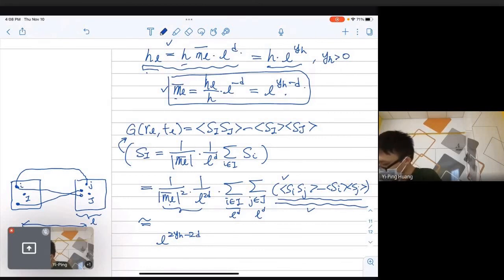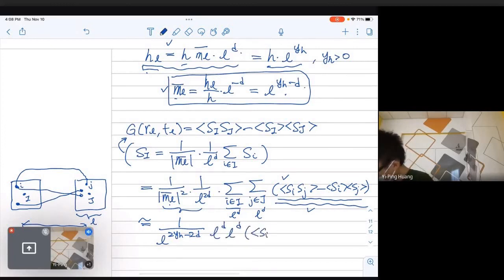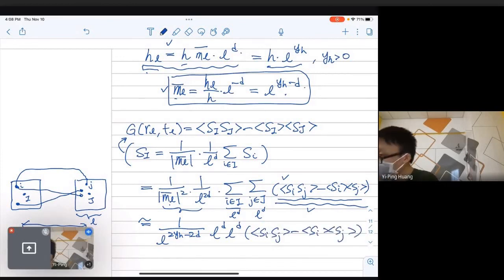Wait a second. Is it correct? Yeah, I think it is correct. And we will have L to the D and L to the D times S_i and S_j.